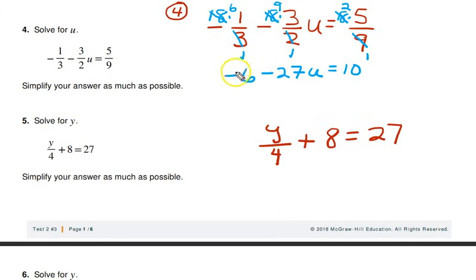So I'm going to transpose this negative 6, or add 6, bringing it to the other side makes it a positive 6. So this becomes 16, negative 27u. Now what I'm going to do is divide both sides by the coefficient of u, which is a negative 27.